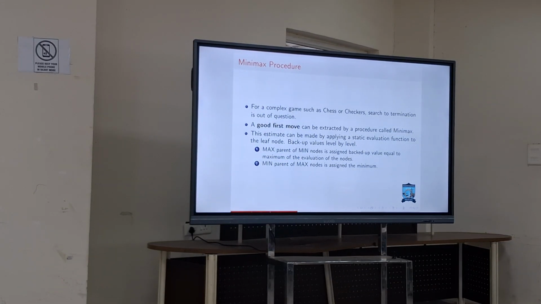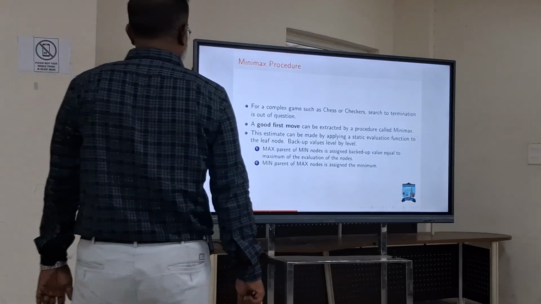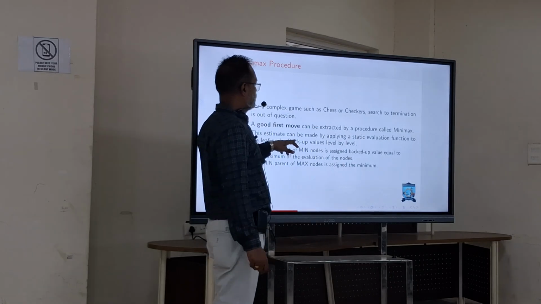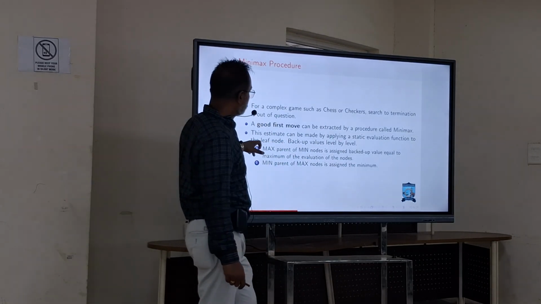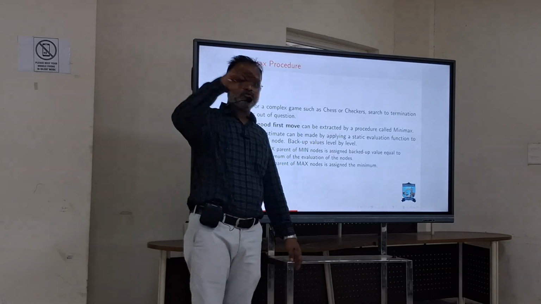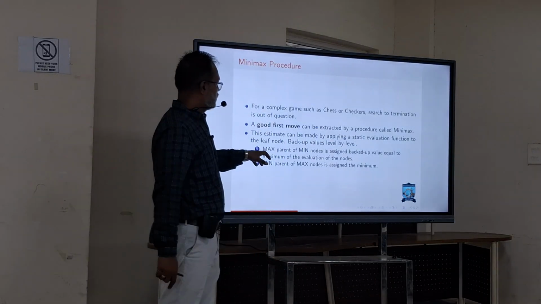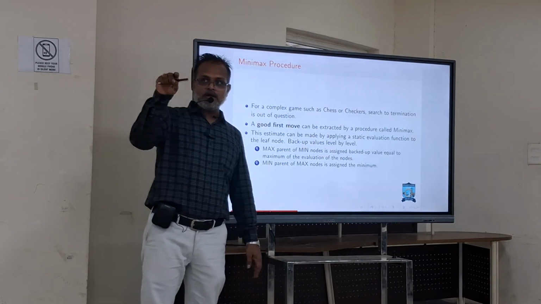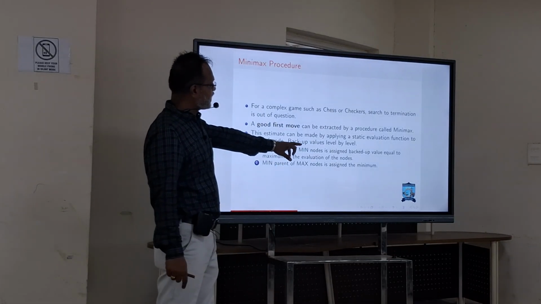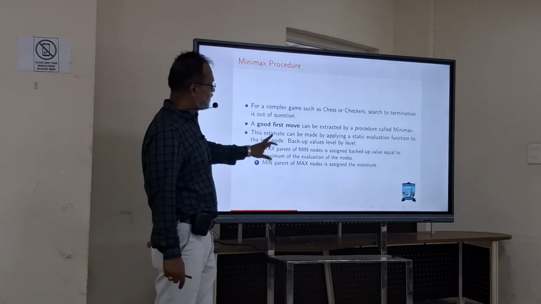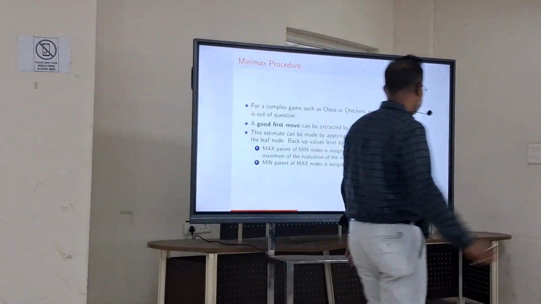Okay, starting from the simplest one. This estimate can be made by applying a static evaluation function to the leaf node. Leaf node means the last node. We'll see that soon. Write down these two terms, max and min. Max is parent of min node is assigned the backup value equal to, okay, this thing will do it, then we'll understand.